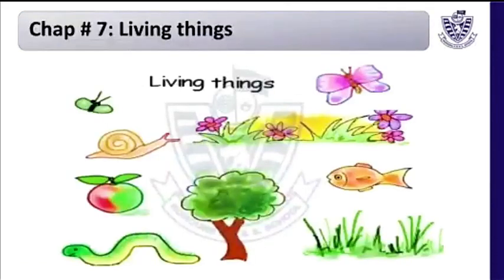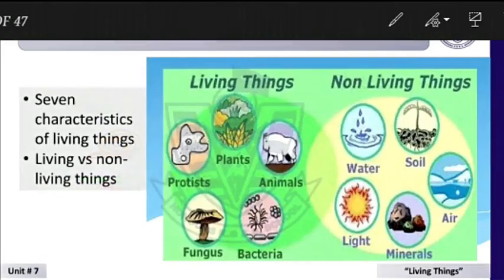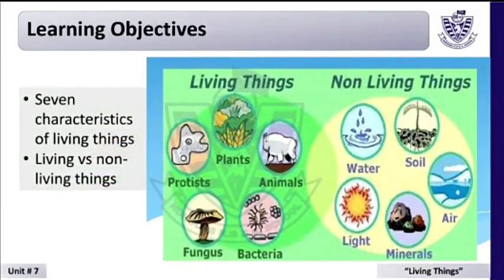Students, our second topic is living things. In this video lesson, students will be able to define characteristics of living things, and they can also differentiate between living things and non-living things.